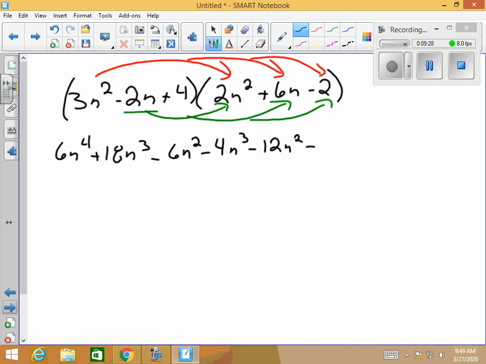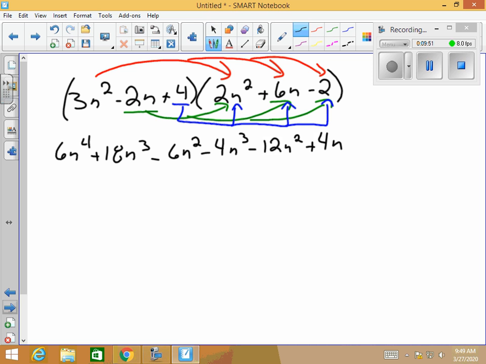And I get a positive 4n. So please don't let redundancy be any harder. It's just redundancy. It's just over and over again. And yes, I still have one more guy because I haven't touched this 4, which means I distribute this 4 to every single term in the backside group.